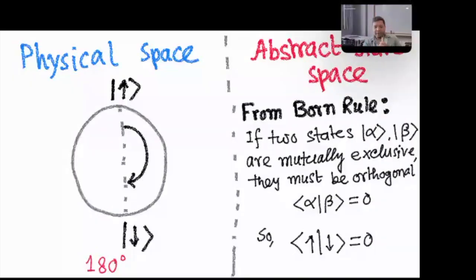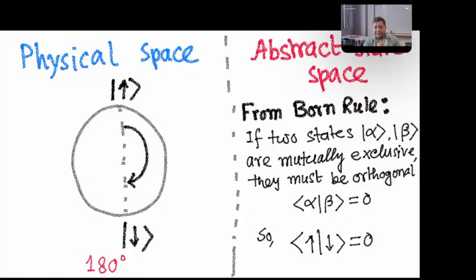But when you're talking about the abstract space, where quantum mechanics is very good to handle, and we have two states alpha and beta, I mean, when I talk about state, I'm representing particular states alpha and beta. Based on the postulates of quantum mechanics, if we have two states, they are supposed to be orthogonal, which means they must be mutually exclusive.